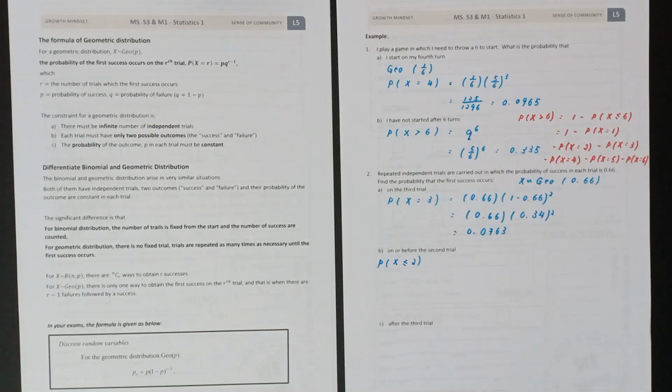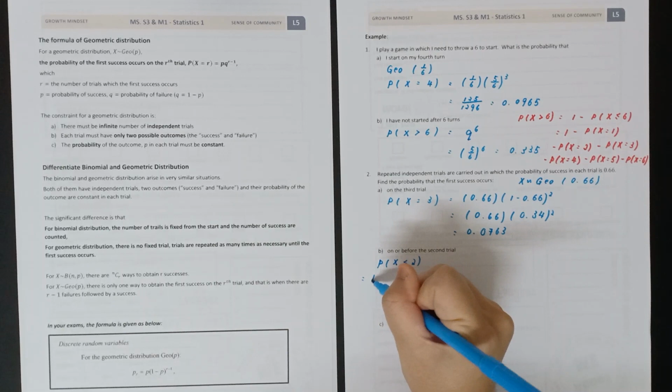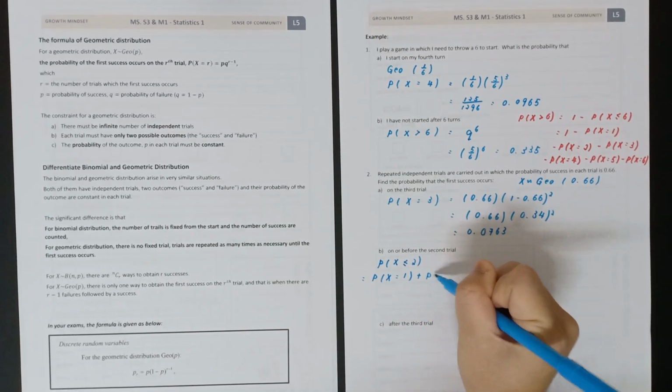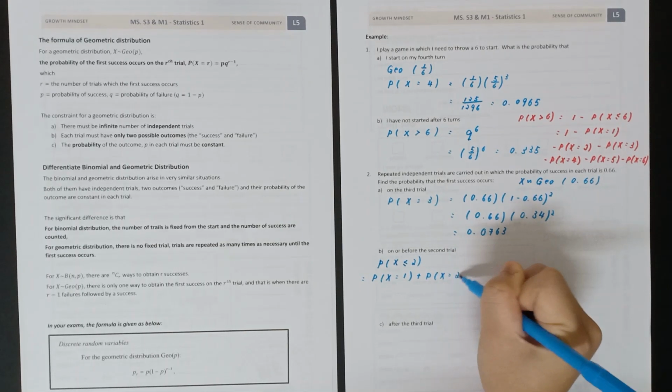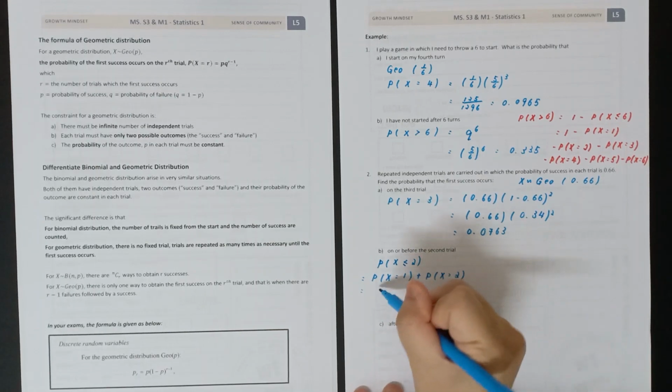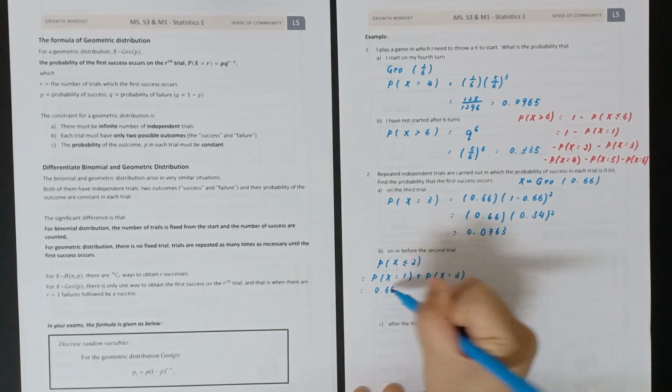Yeah, so let's go the normal way first. When you want to find the first success happening on or before your second trial, it is basically your first success happened at the first time, or your first success happened at the second time. Then you add 0.66.